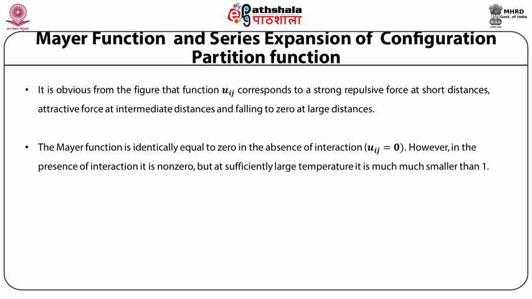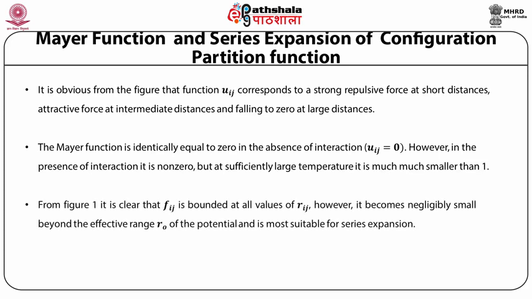However, in the presence of interaction, it is non-zero. But at sufficiently large temperature, it is much smaller than 1. From figure 1, it is clear that f_ij is bounded at all values of r_ij. However, it becomes negligibly small beyond the effective range r0 of the potential and is most suitable for series expansion.